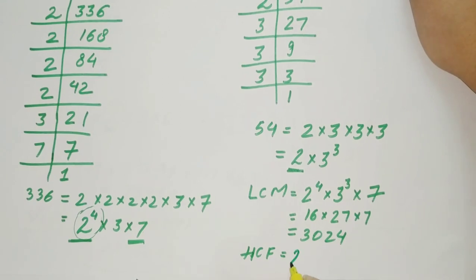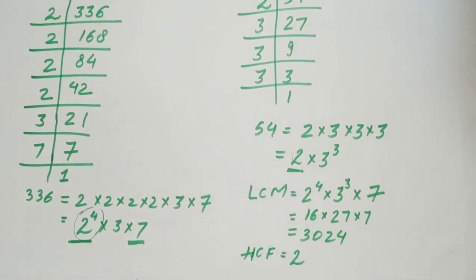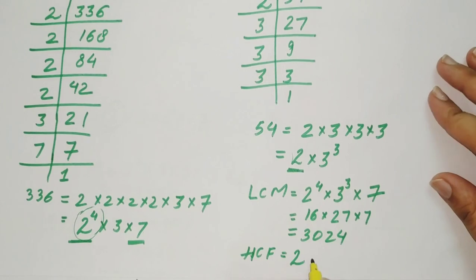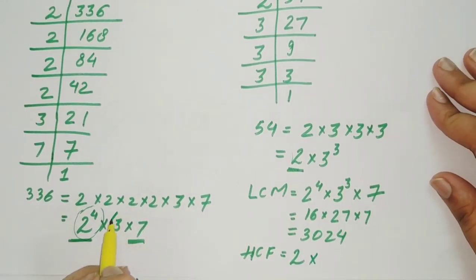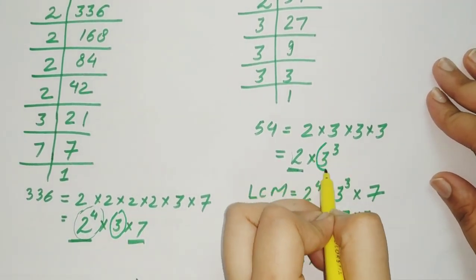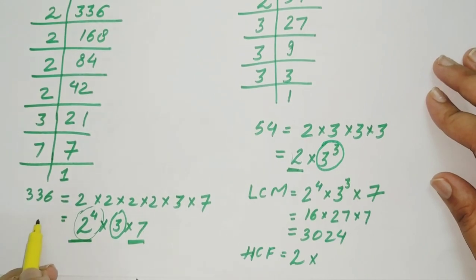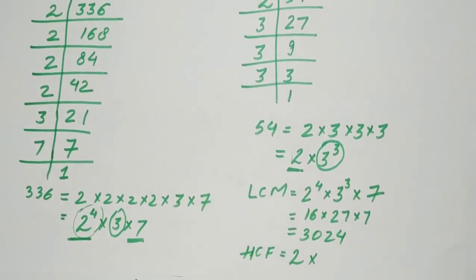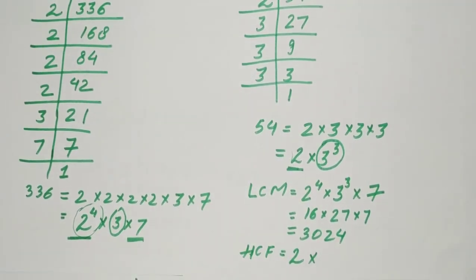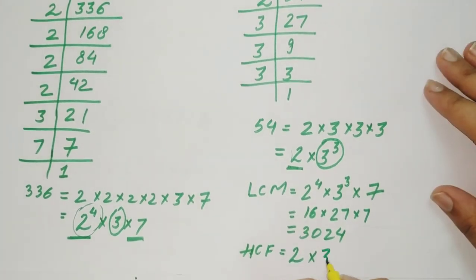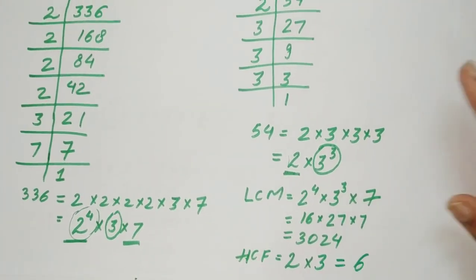Correct. We'll select 2. In HCF, we select the prime number with the smallest power, whereas we do the opposite in LCM. And then since 3 is also a common prime factor in 336 and 54, thereby we'll select the one with the smallest power, which is 3 raised to the power 1, which is equal to 6.